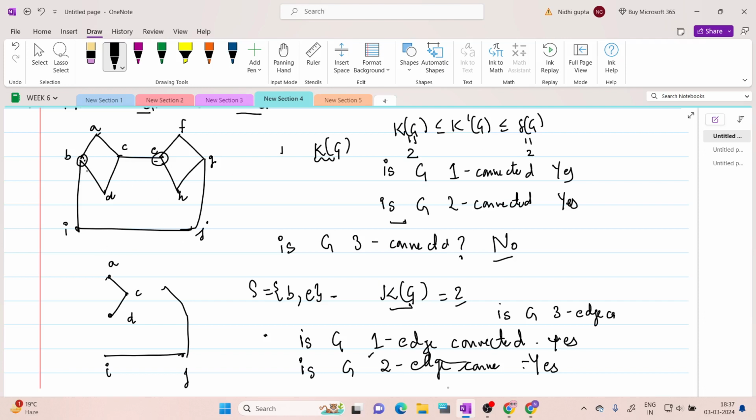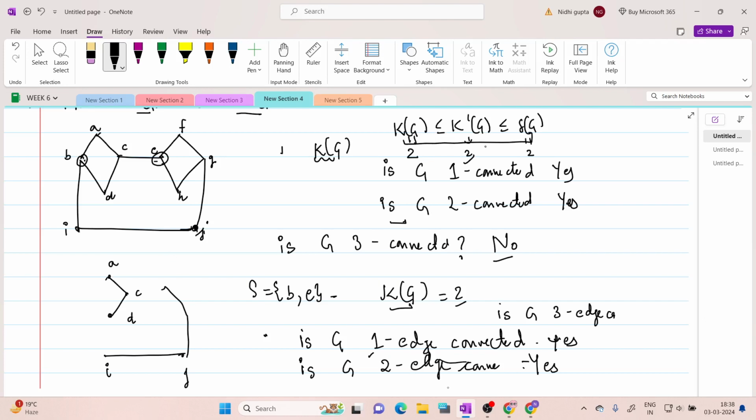So using that inequality we can conclude that vertex connectivity and edge connectivity are 2.